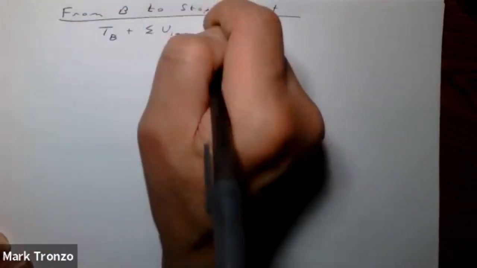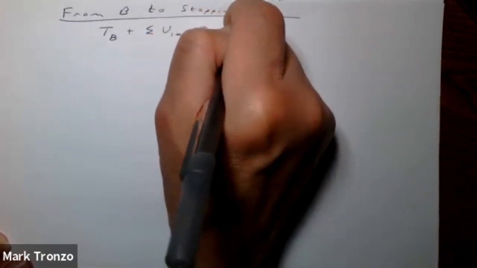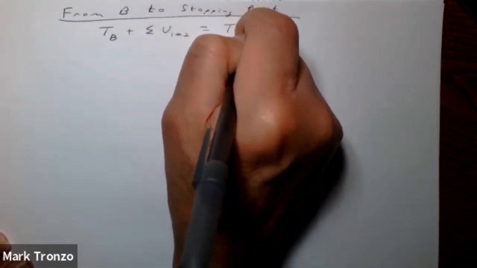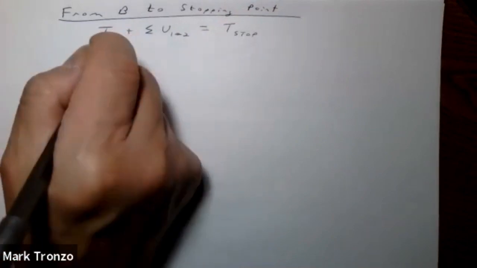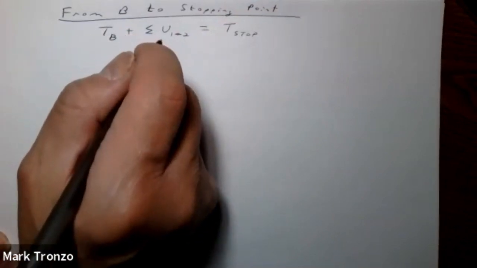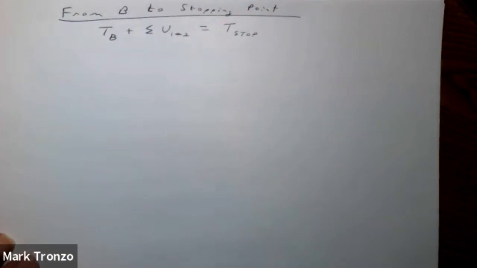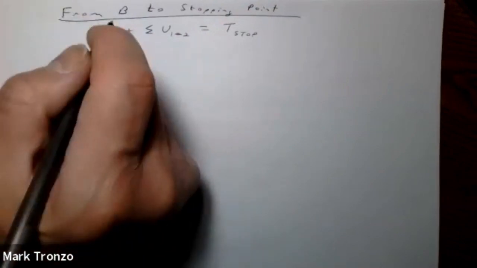I'll just put everything into T1 plus summation U1 to 2. T1 is going to be, say, point B, and T2, say, where it's going to stop. When it's starting at point B, we just found that the velocity was 8.62 feet per second.